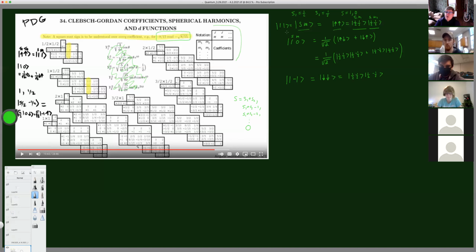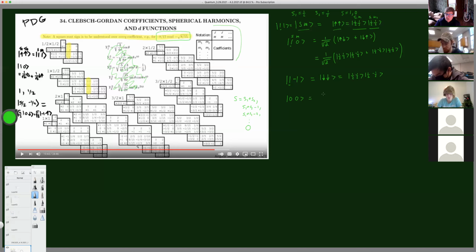So here, the total spin is 1 in all of these states. That's what's called the triplet state, because of course M can be -1, 0, and 1. And then of course there's the S equals 0 state, and then M can only be 0.